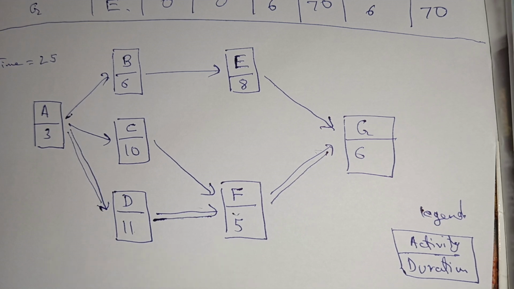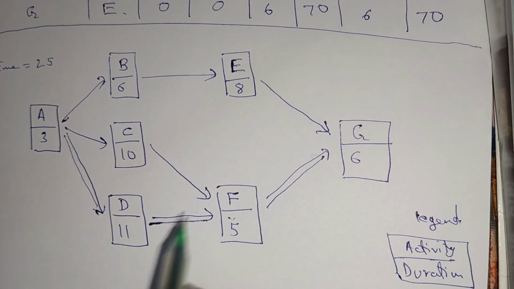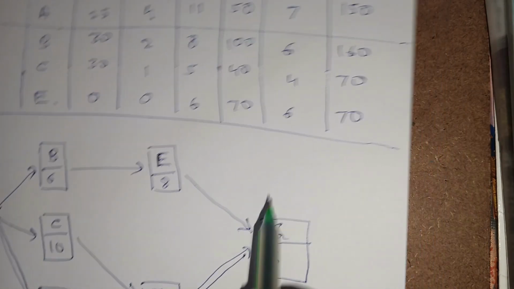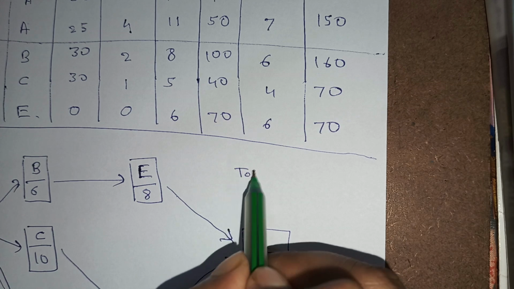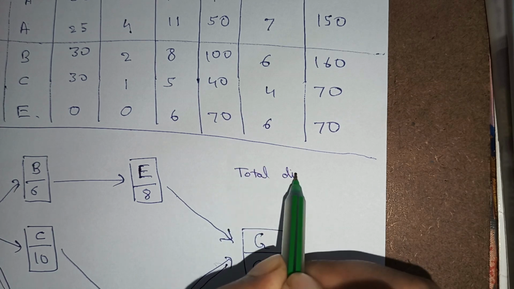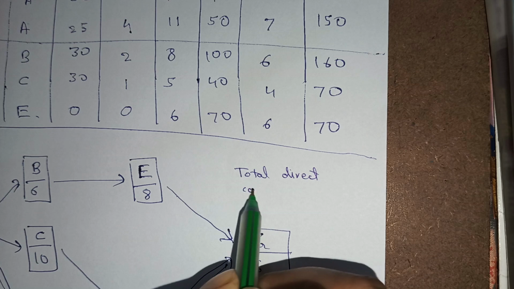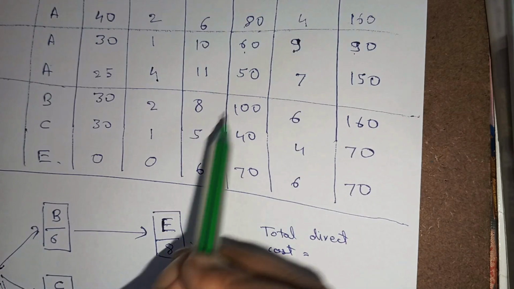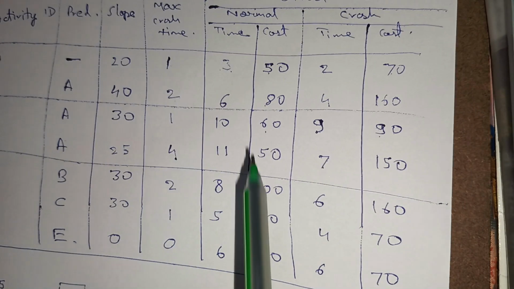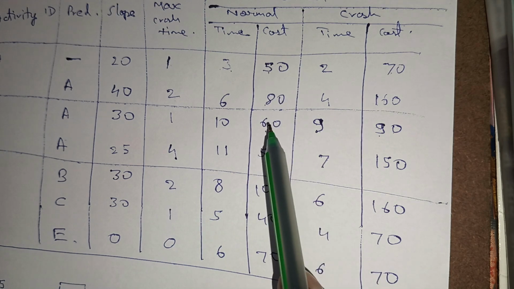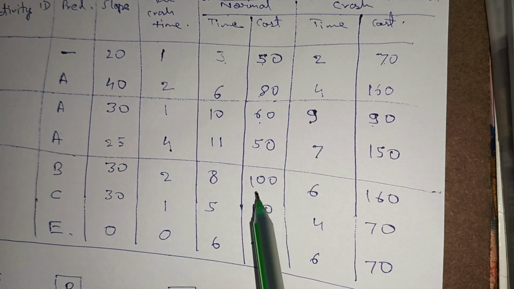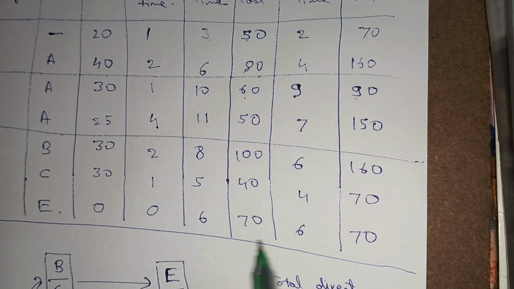So what is the initial total direct cost for this project? So we can write it like this: total direct cost, this is equal to, how do we find? We'll find from this table. Okay, so 50 plus 80 plus 60 plus 50 plus 100 plus 40 plus 70.